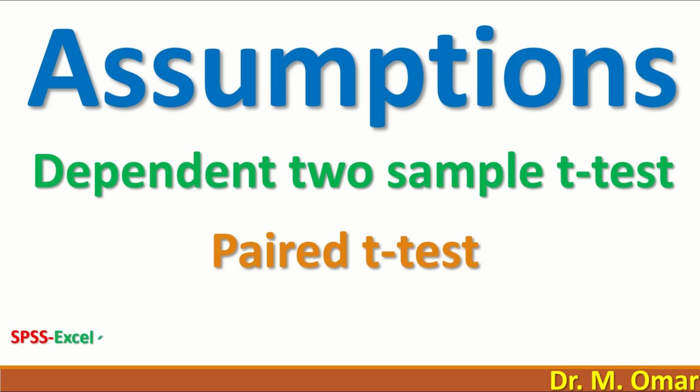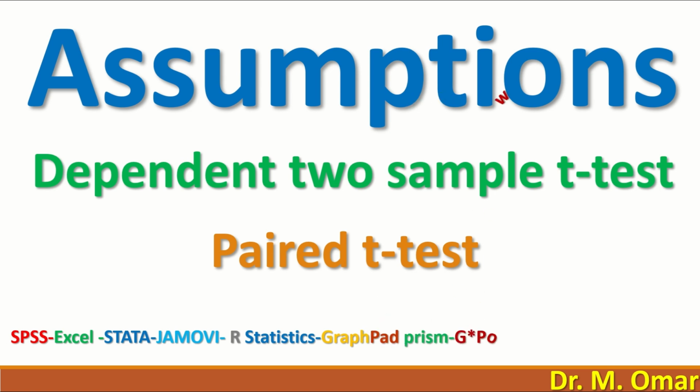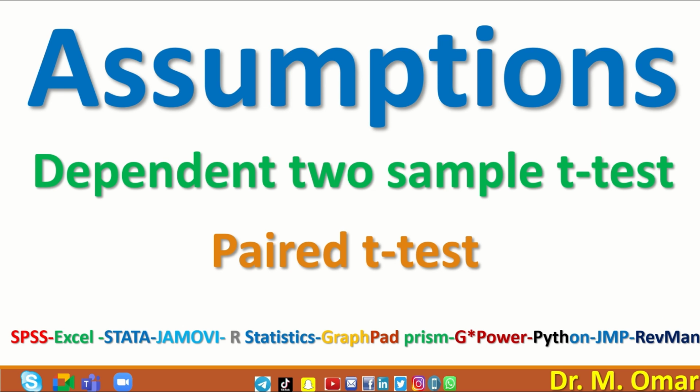Assumptions for the dependent two-sample t-test, alternatively known as the paired t-test. Assumptions are specific criteria or conditions about the data that have to be fulfilled before performing a statistical test.